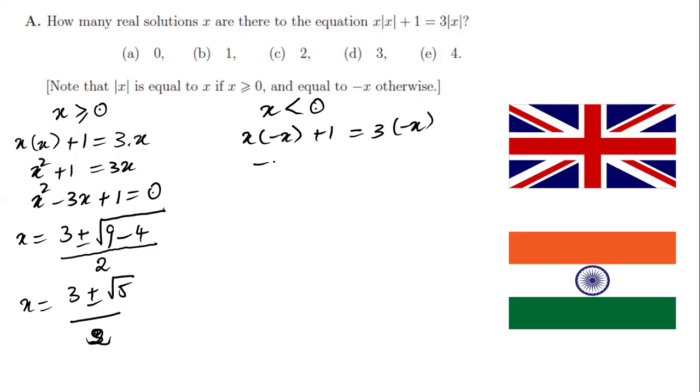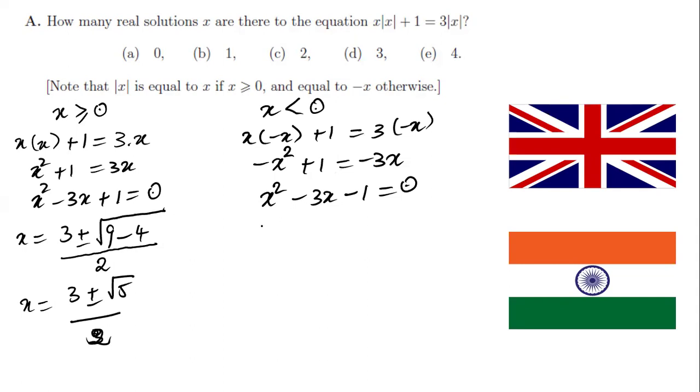So this is going to be minus x square plus x equals minus 3x. Let's bring this minus x square to the other side of the equation, so that is going to be plus x square minus 3x. When you bring this plus 1 to the other side, this is going to be minus 1 equals 0. So again, we have a quadratic equation.